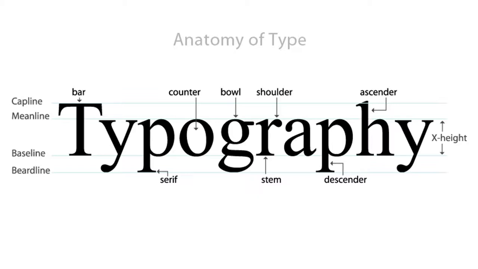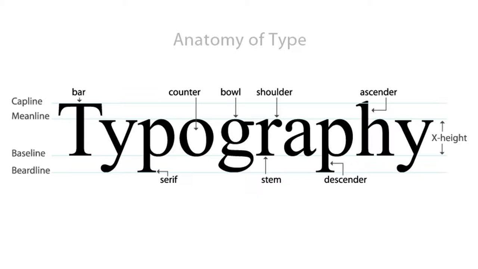A serif is a short line with pointed ends at an angle to the main stroke. For example, this word typography is a serif type because at the end of each stroke there's a little embellishment that sticks out from it. The words anatomy of type at the very top of this image are what we call a sans serif type, and they don't have little embellishments at the end of each stroke.